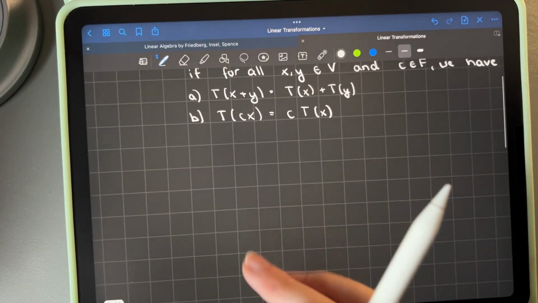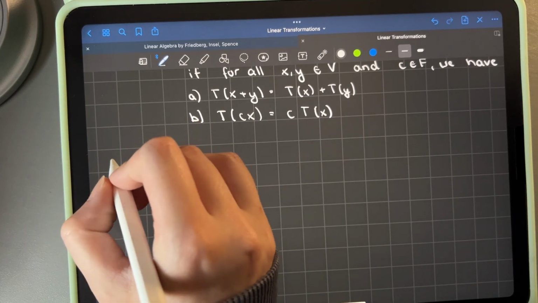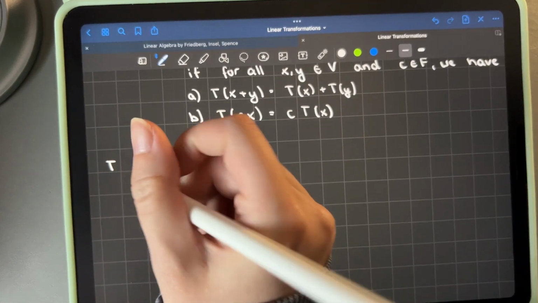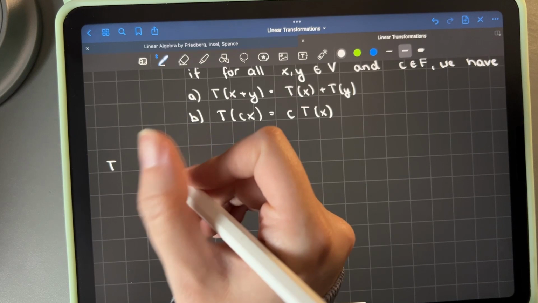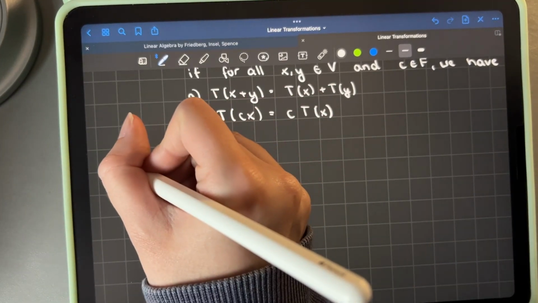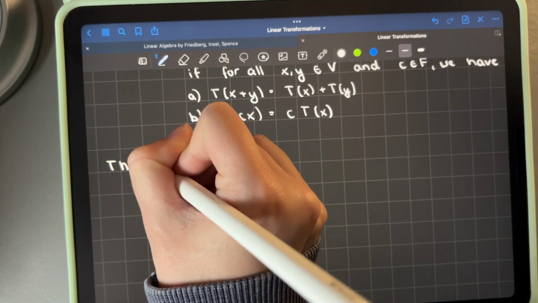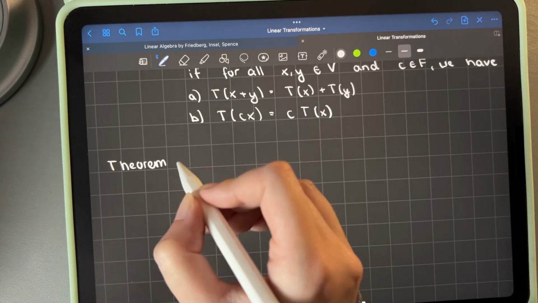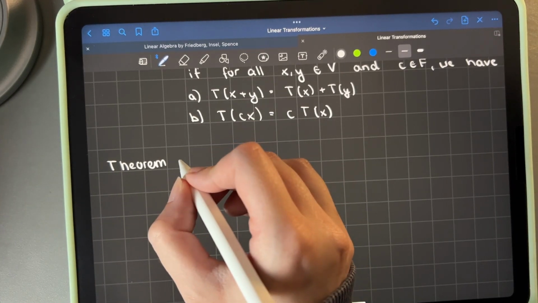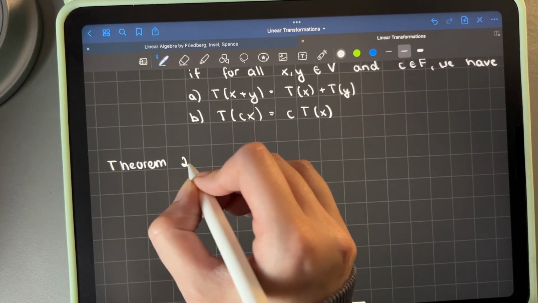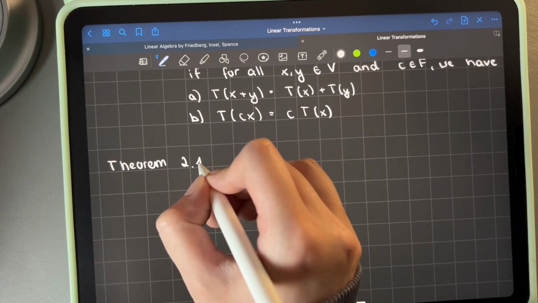Now let's look at the theorem that we will prove here, and then we'll probably get a few more definitions. If you want to check in the book, that is Theorem 2.1.